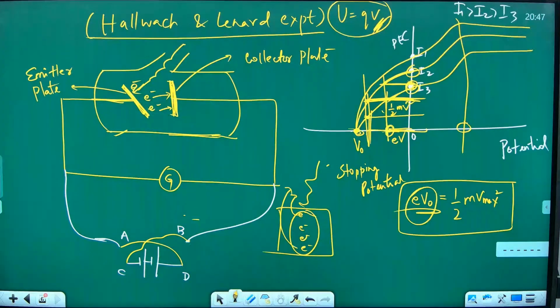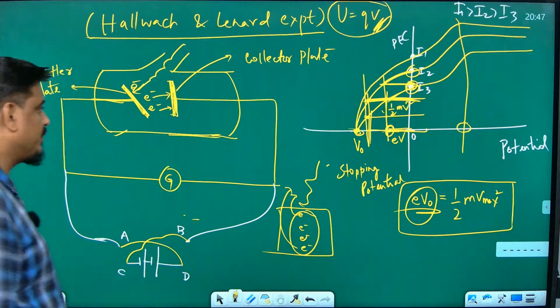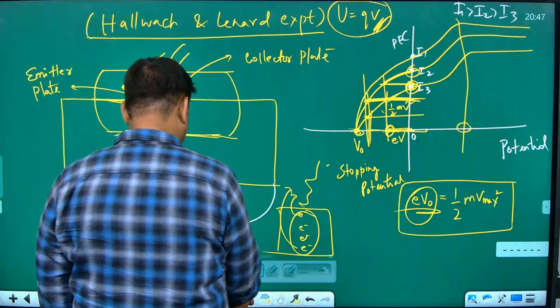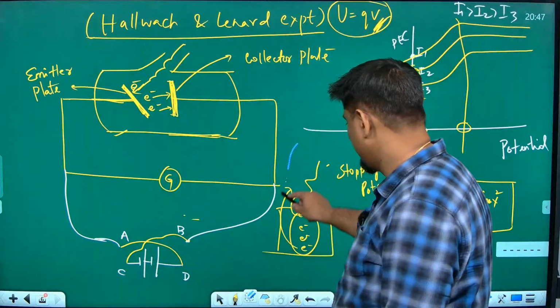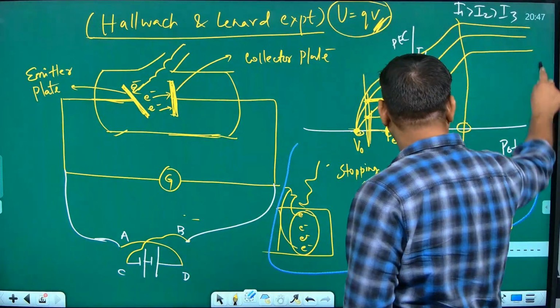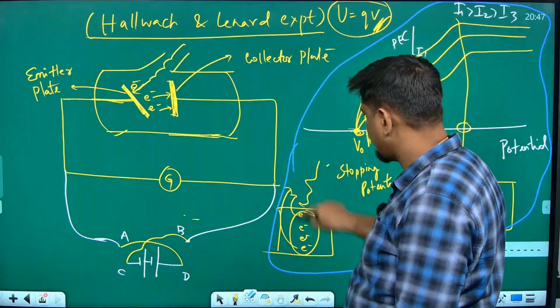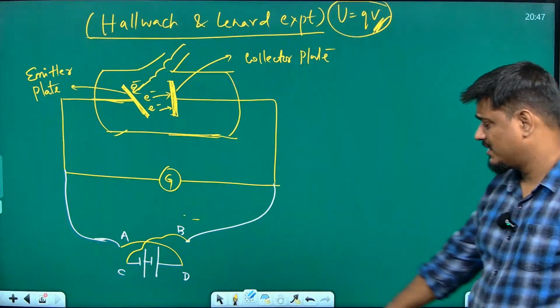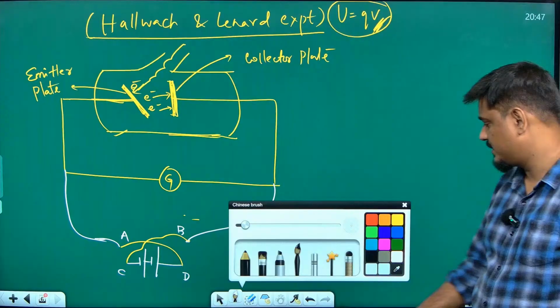In bracket you can write, for varying frequency and constant intensity.